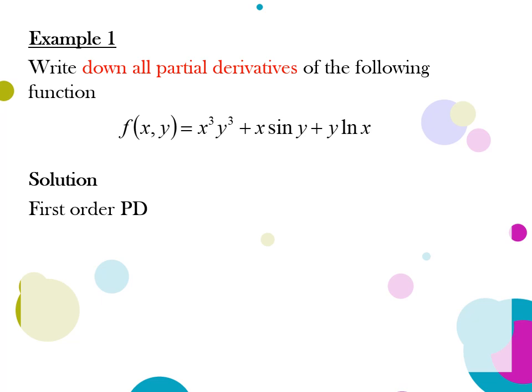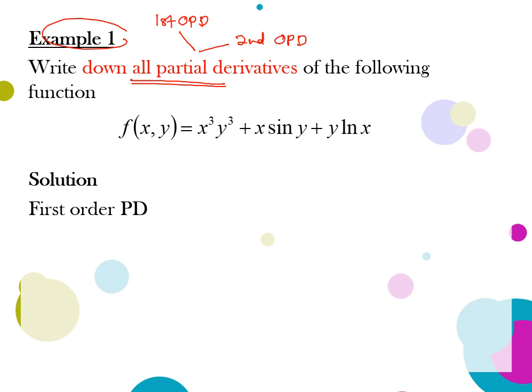Okay, so look at example 1 here. Write down all partial derivatives of the following function. When it's mentioned here all partial derivatives, it means that you need to find the first order partial derivatives and the second order partial derivatives.